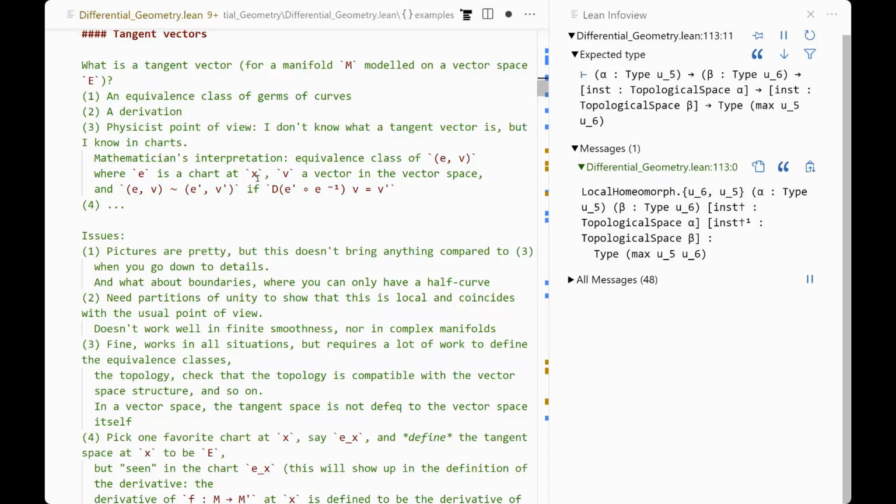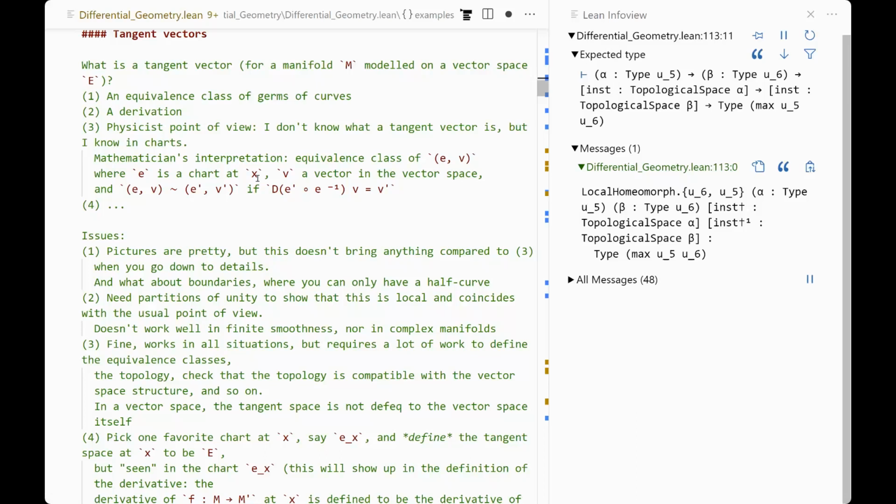Another thing that makes sense is, well, I don't know what a tangent vector is, but I know at least what a tangent vector is in the charts. So that might be a physicist's way of saying it, and mathematically you can make that precise by taking equivalence classes of charts around the point, and a vector in the vector space, and they're equivalent if they give the same answer up to the coordinate change induced by the two charts.